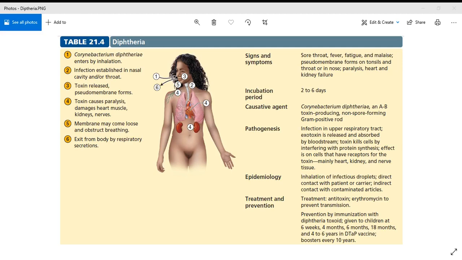I think we should, because I don't think we've had cases of diphtheria in Nigeria. It's not as common as other diseases, though I can't be 100% sure. So I'll get the information of whether we have access to the vaccine here in Nigeria, and then I'll get it across to you.